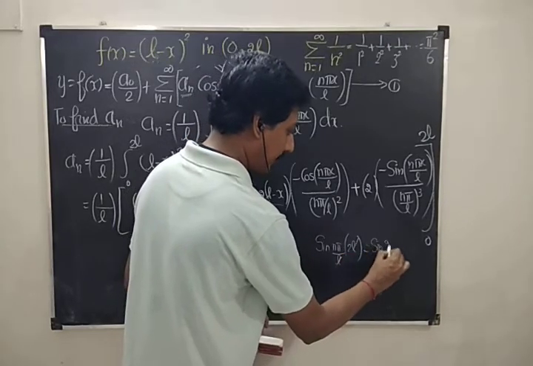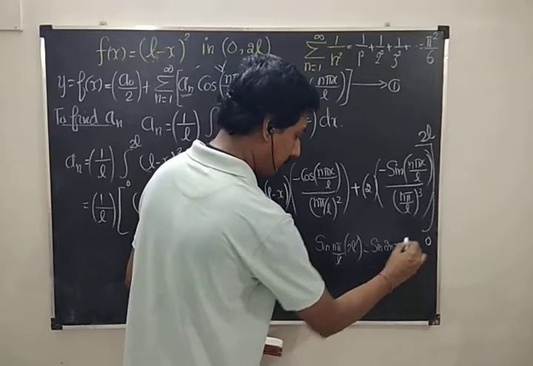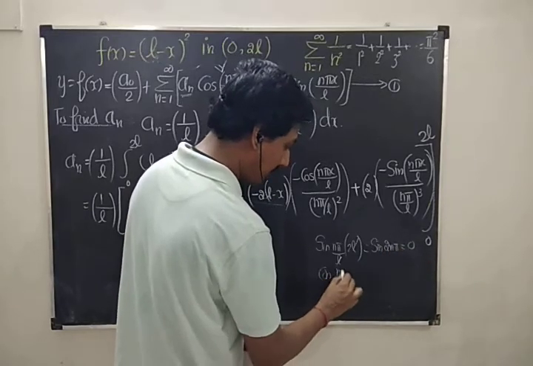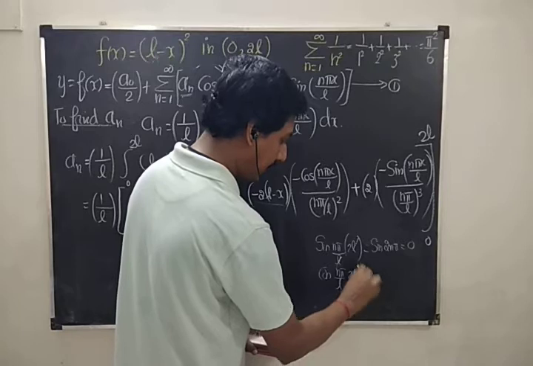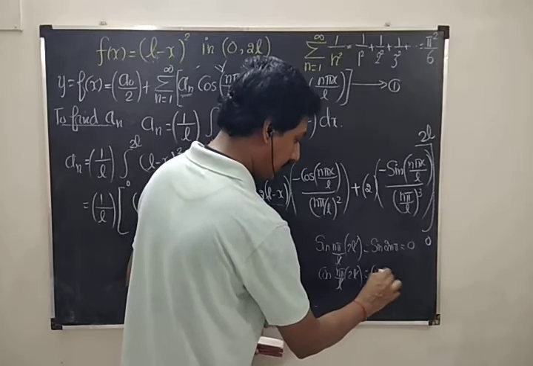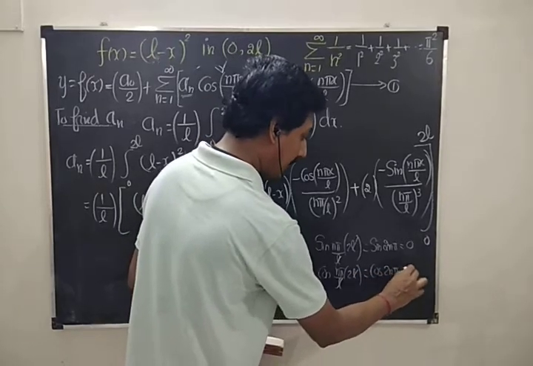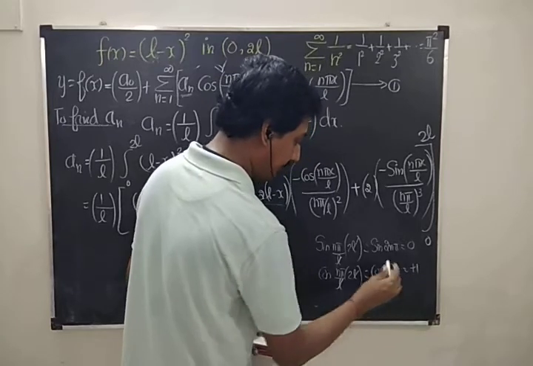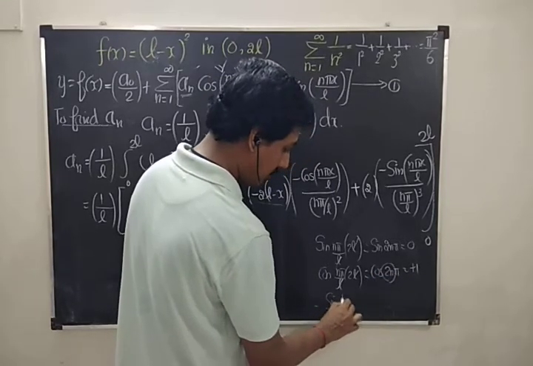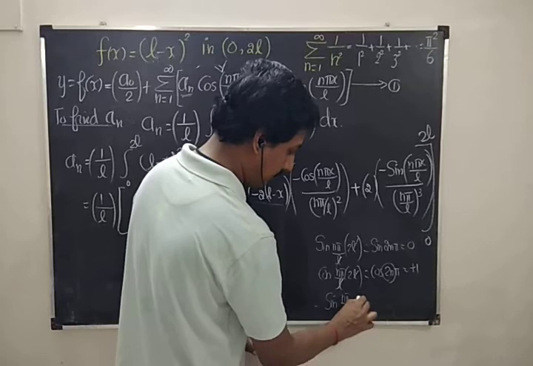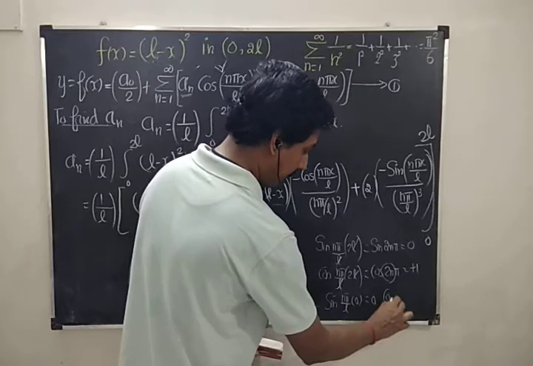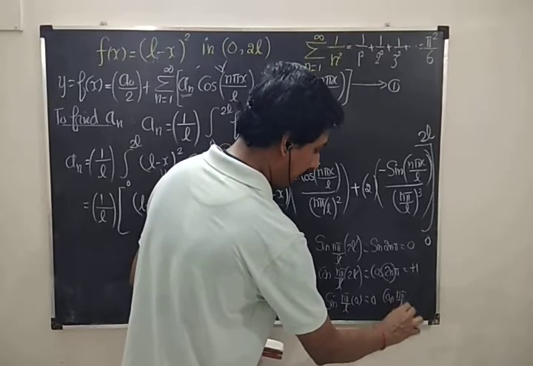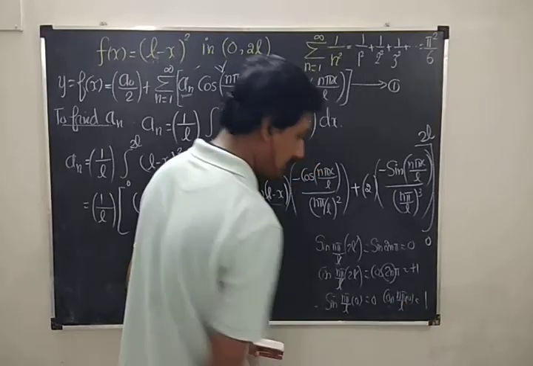Sine 2n pi. What is sine 2n pi value? 0. Similarly, cos of n pi by L into 2L. After cancellation of 2, we get cos 2n pi is always plus 1 because 2 is an even number. By putting 0, sine n pi by L into 0 is 0. Cos of n pi by L into 0 is equal to 1 because cos 0 is 1.